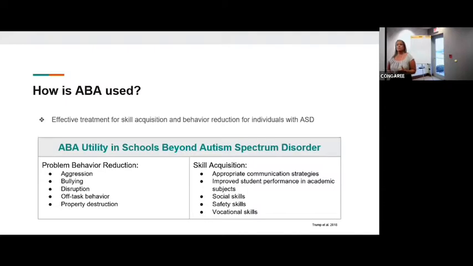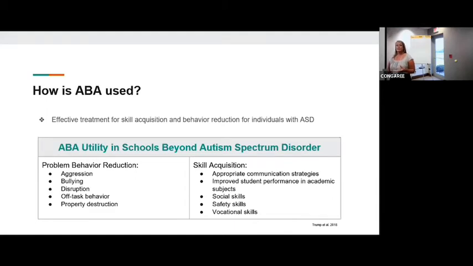We might be the experts in behavior and how to increase that communication, but we really want to make sure that we are working collaboratively with speech pathologists. Same thing with improving student performance in the academic subjects. We really want to make sure that we're working collaboratively with teachers, reading coaches, things like that, because you all are the experts in that. So we really want to make sure that everything is super collaborative.